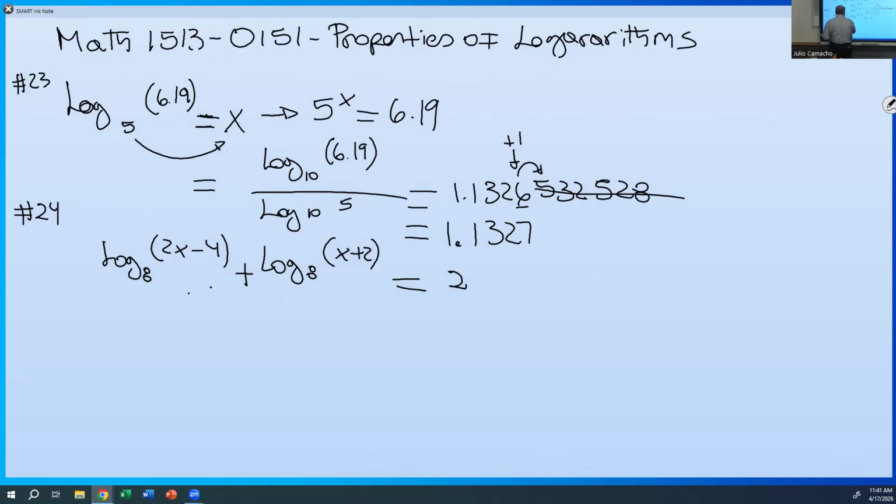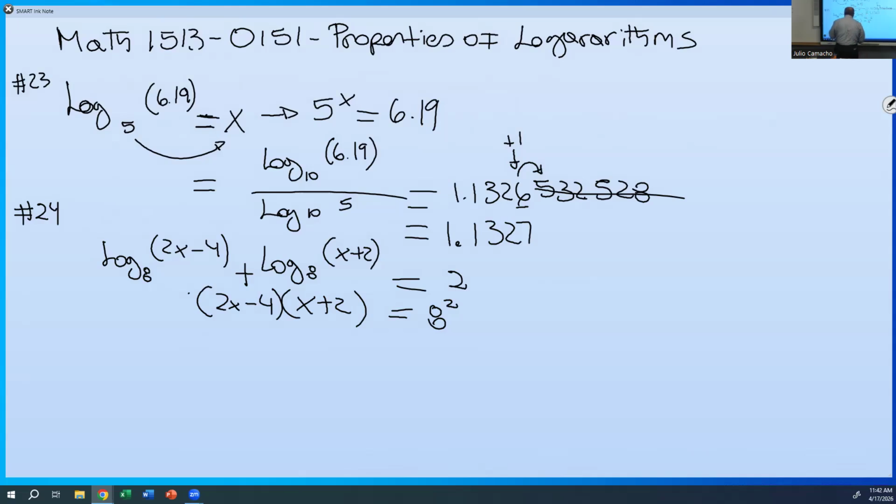So in this case, you have 2x minus 4 times x plus 2, and that is equal to, remember, we are trying to write this in exponential form. The base is 8 and it is equal to 2, so it would be equal to 8 to the second power. That is the equation now.